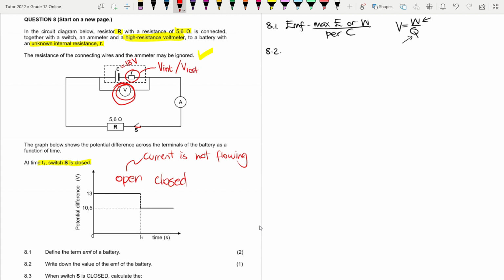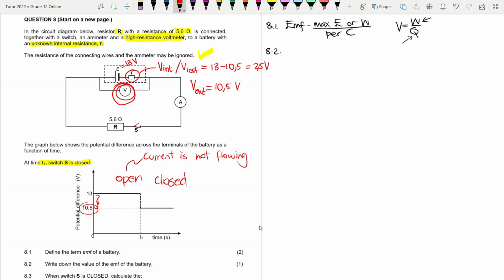So the voltage lost inside the internal resistance has a magnitude of 13 minus 10.5, which comes down to 2.5. And what we are reading now is our external voltage, V external, which is 10.5 volts.